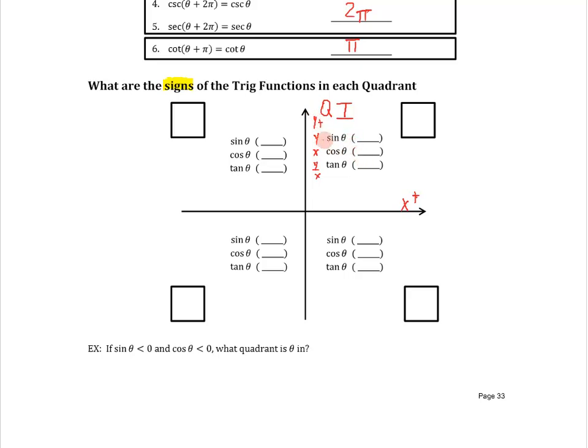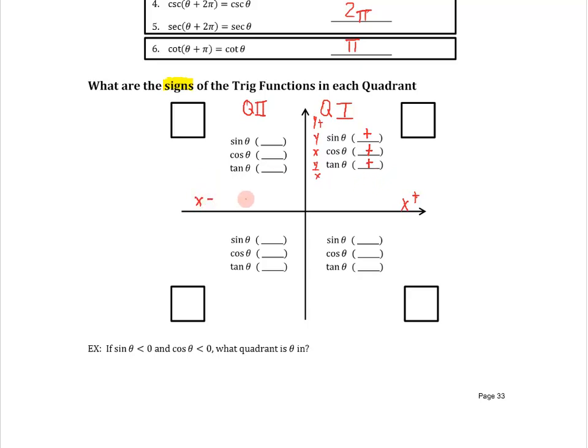So if y is positive, then your sine function is going to be positive. In terms of its output, it's going to be a positive number. Up here, x is also going to be positive, and if you divide a positive by a positive, you get a positive answer.